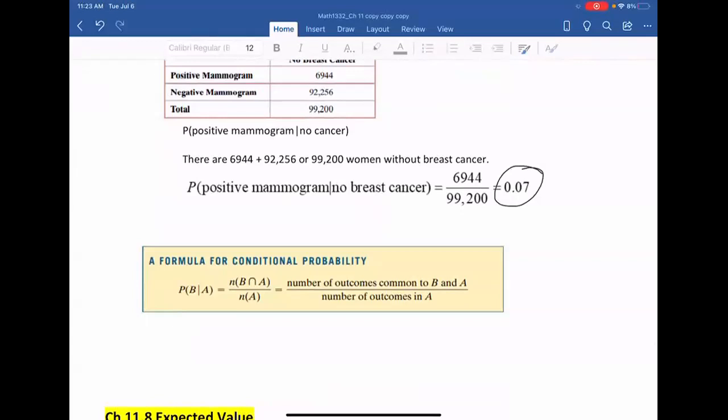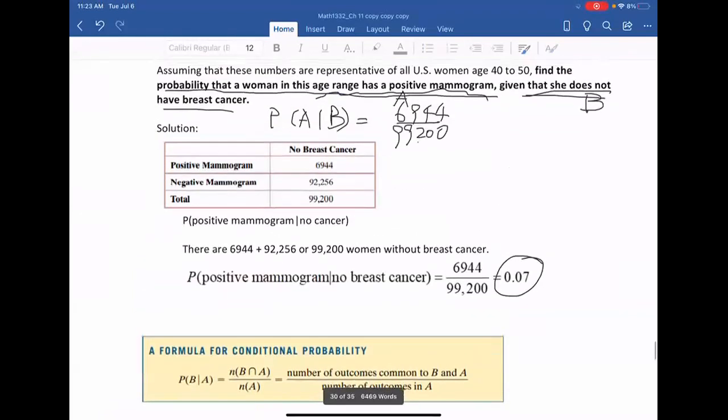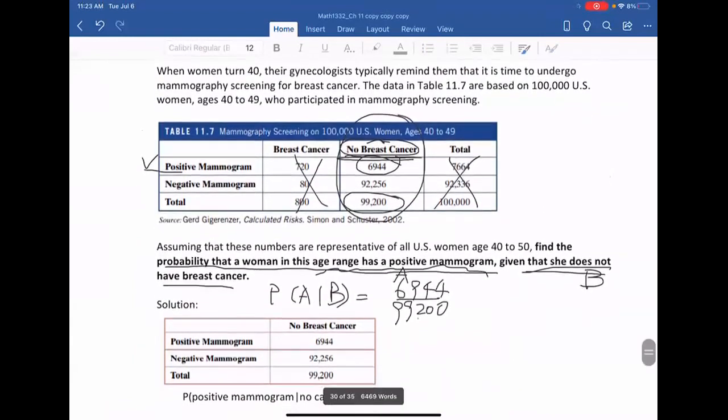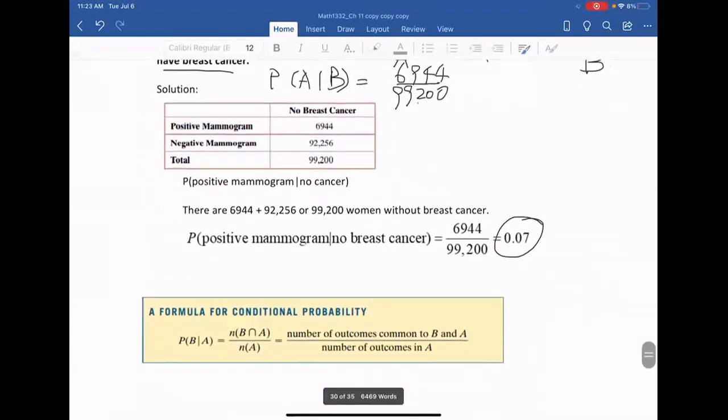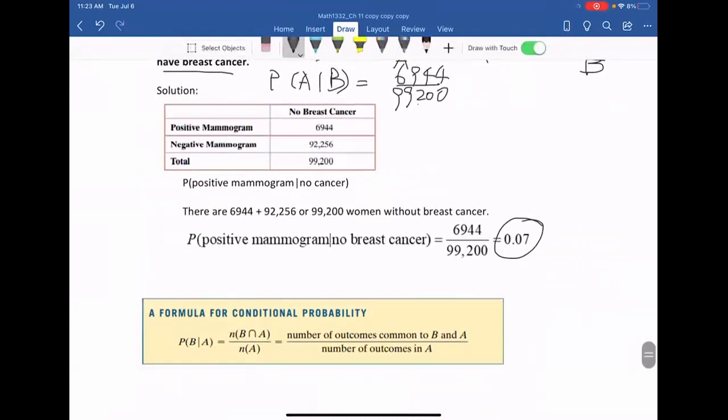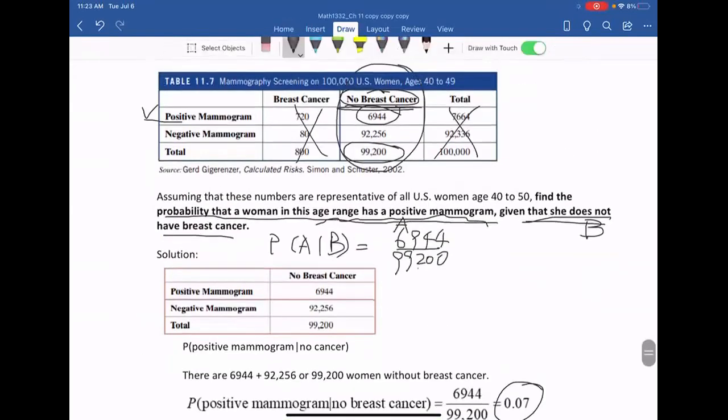That is P of B given A equals the number of B and A divided by the number of A, which equals the number of outcomes common to B and A divided by the number of outcomes in A. First we need to identify the number of A. We already find it from our table here.